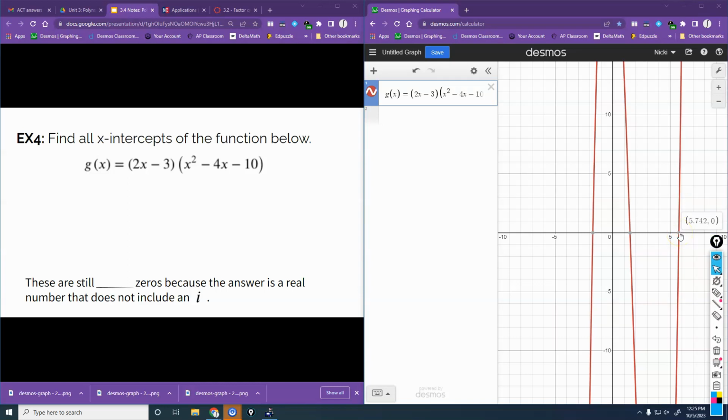So as long as your problem will let you put in decimals, you could just graph it and find the zeros. That would be fine.